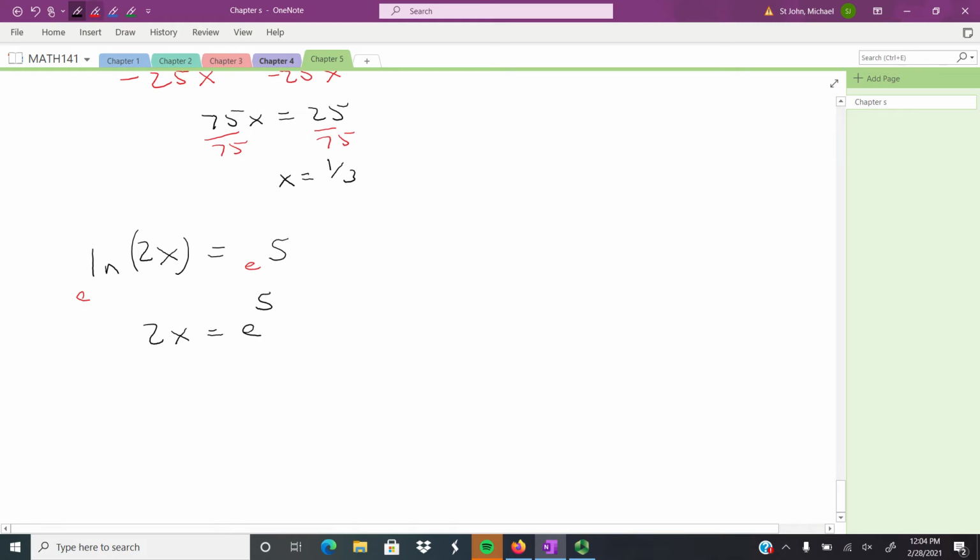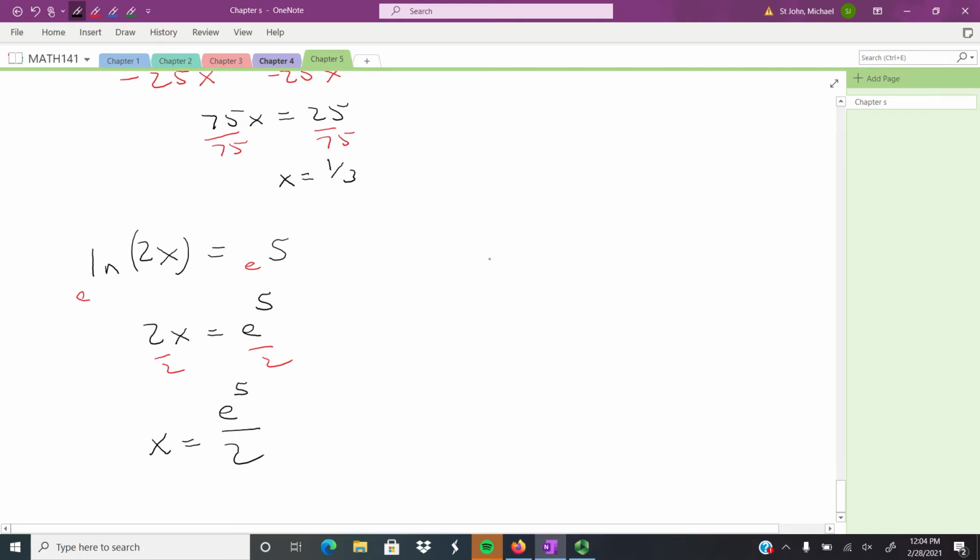And then we could divide by 2. And so x is going to equal e to the 5th over 2. And then depending on how they want the answer, if they want the exact answer, that would be the answer. If they wanted it in terms of a certain number of decimal places, we can plug that into a calculator and get it.